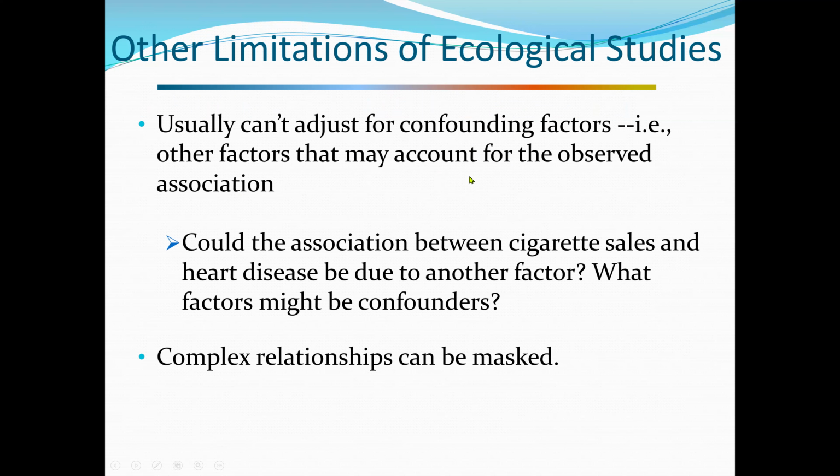A very simple example: let's say there's an association between ice cream sales in Florida and also shark attacks in Florida, because data shows that in the summer, when the weather is very warm in Florida, ice cream sales go up. At the same time, shark attacks in the ocean also go up because the water is very warm. Now we can see there's an increasing association.